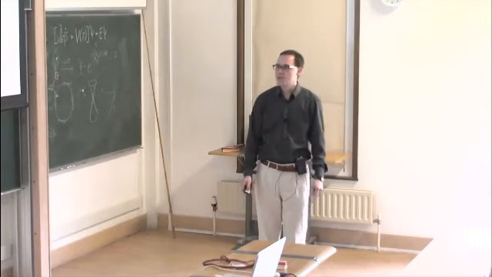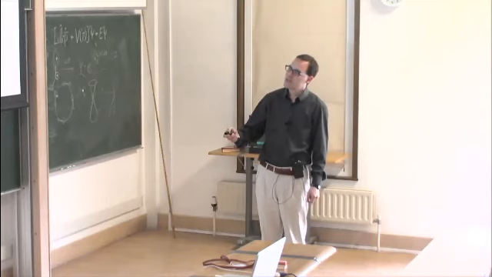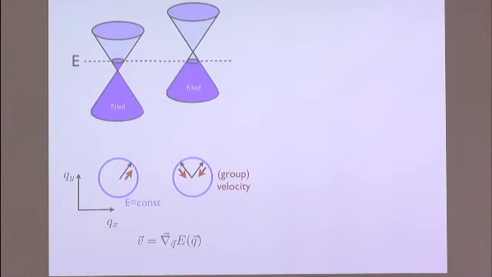So if I apply this here to the left of the barrier where I'm sitting in the upper Dirac cone, the velocity is just parallel to the incoming wave vector. If I apply the same reasoning and calculate the velocity to the right of my potential step, where I'm actually sitting on the lower Dirac cone, I find that the velocity is opposite to the wave vector. So this is a simple calculation.